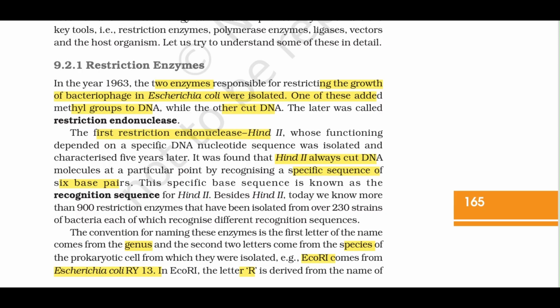The first restriction endonuclease identified was HindII. HindII cuts DNA at a particular sequence, known as the recognition sequence. It is a 6 base pair recognition sequence that can be identified by HindII.